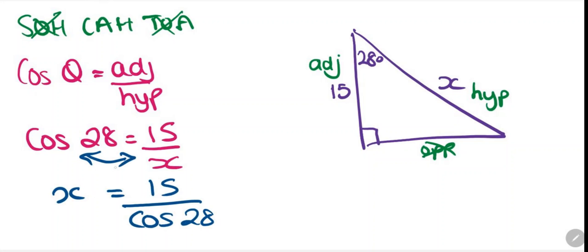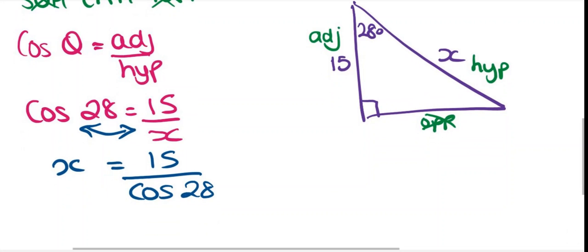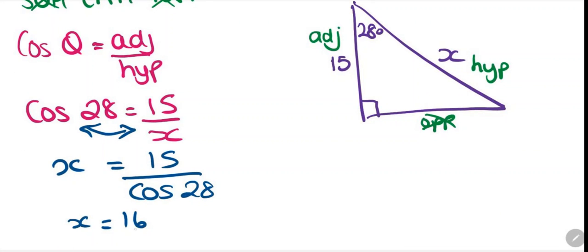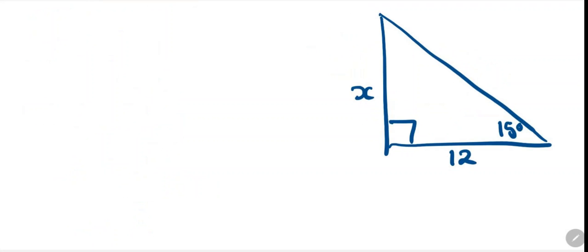I've literally just swapped these over. If I put that in my calculator, 15 divided by cos 28, x is equal to 16.98. I'm going to round this and say 17. So x is equal to 17.